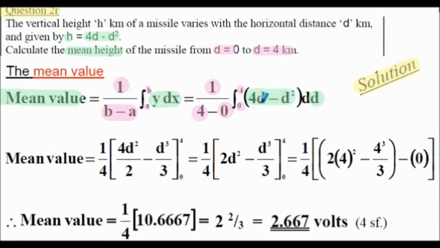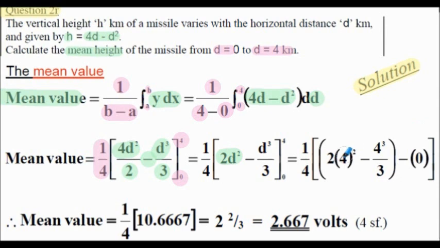Integration, 4d integrated with respect to d becomes 4d squared upon 2, and negative d squared integrated with respect to d becomes negative d cubed upon 3. We have 1 upon 4 outside the square bracket and limits of 0 and 4 here. What has happened in the next step is this term has been simplified. 4 divided by 2 is 2, so 2d squared here.